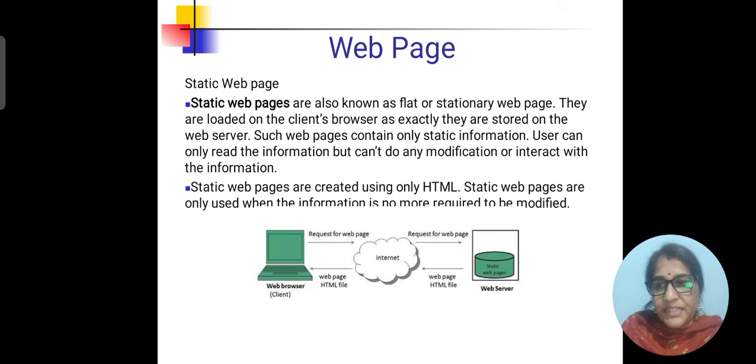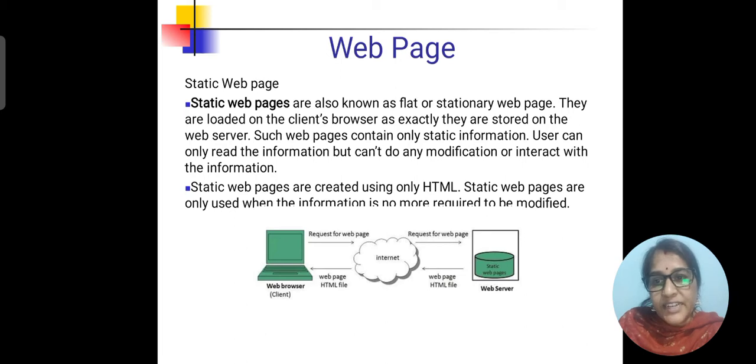Web pages are divided into static web pages, also known as flat or stationary web pages. They are displayed on the client browser exactly as they are stored on the web server. Such web pages contain only static information.